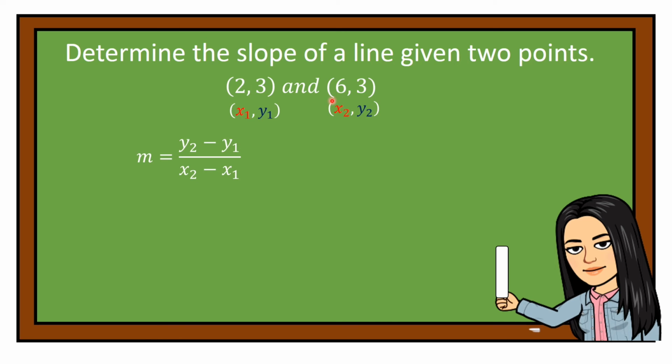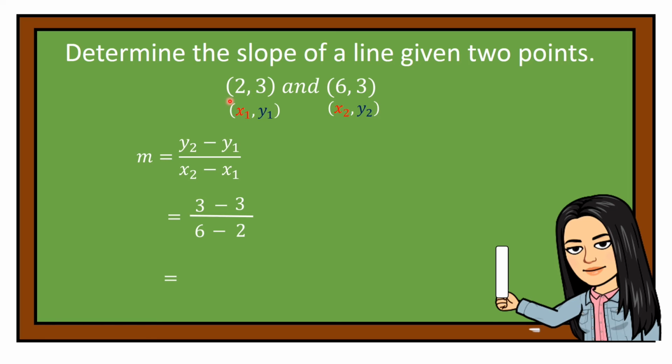And the second ordered pair will be our x sub 2, y sub 2. So, i-substitute na natin ang kanilang values. So, that would be y sub 2 is 3 minus our y sub 1 is 3 over ang x sub 2 naman natin ay 6 minus x sub 1 is 2.